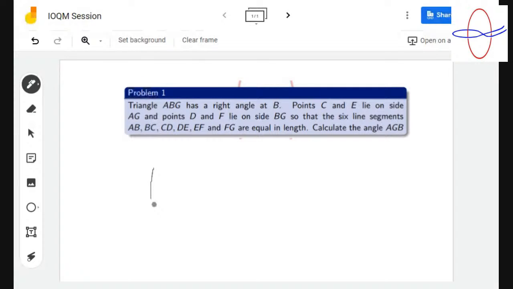And this is triangle A, B, and G. I hope all of you can see the diagram properly.